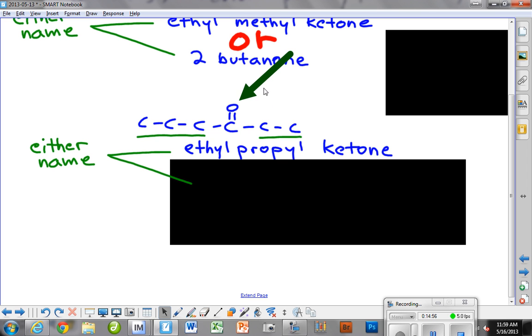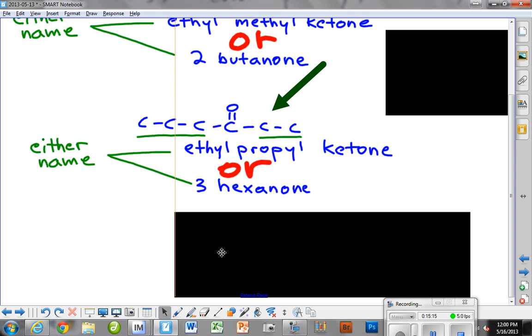And then if I wanted to name him with a systematic name, this would be carbon number 1, because the carbonyl group is closer to this end. And so we would have a 3, because this little dude's on carbon number 3, and it would be a 3-hexanone because there's 6 carbons in the chain. And that's it for naming the ketones. I hope you find this helpful.